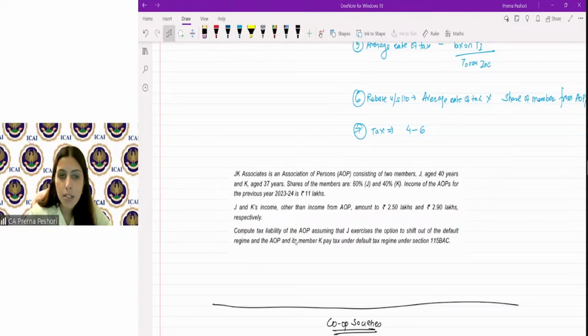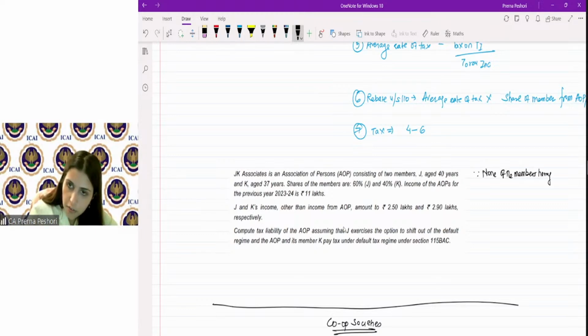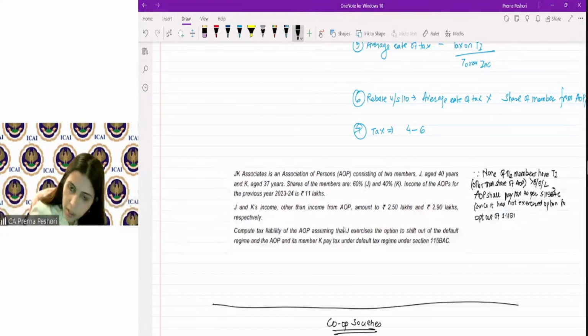So therefore the AOP's tax liability will be, so you can write here, since none of the members have total income other than share of AOP greater than the basic exemption limit, AOP shall pay tax as per the section 115 BAC, since it has not exercised the option to opt out of section 115 BAC.